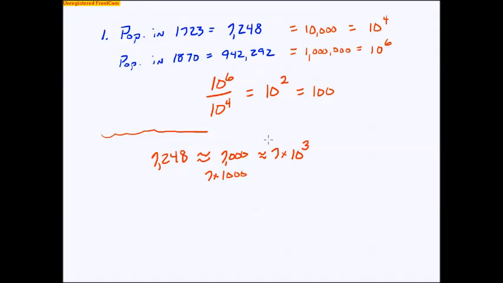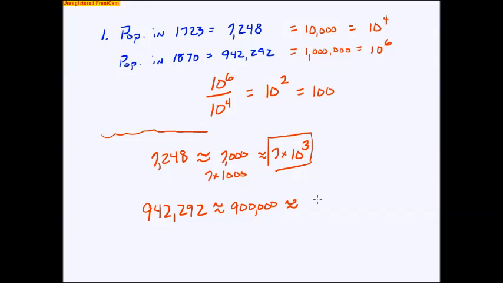All right, so I'm going to use this number, and I'm going to do the same thing with the population in 1870. I'm going to say, you know what? If I could make that into something really close to 942,292, what's even closer than a million? If I approximated that as 900,000, that'd be even closer. So I'm going to use the same idea.